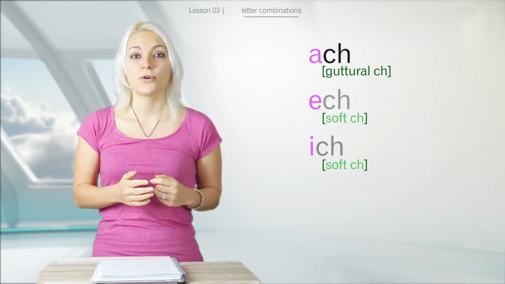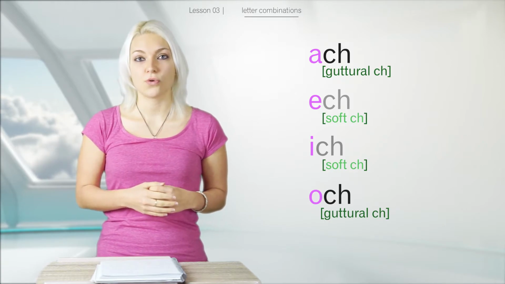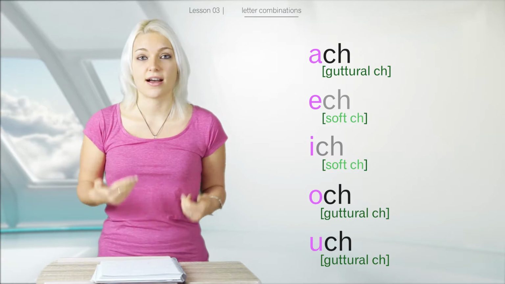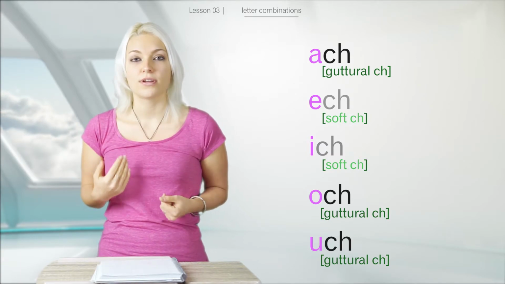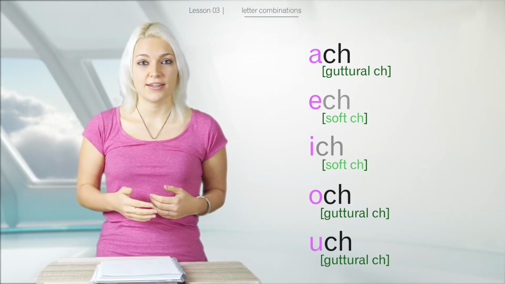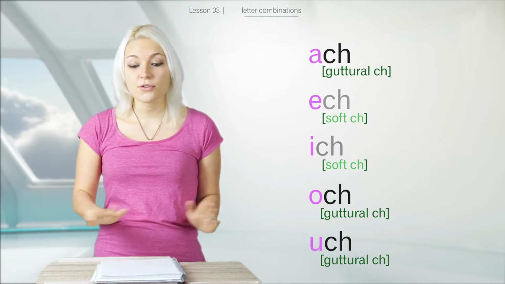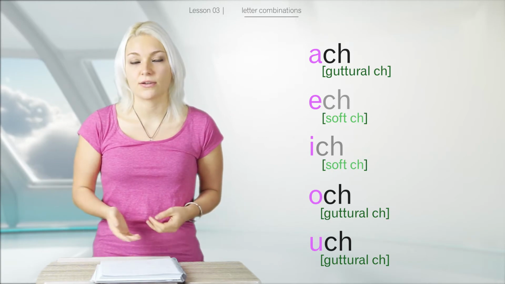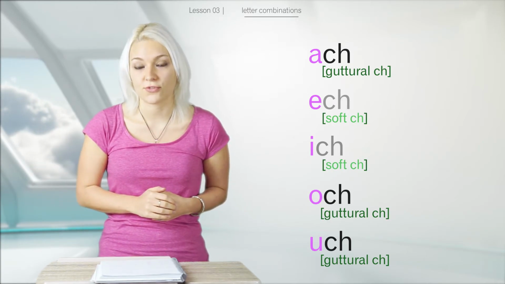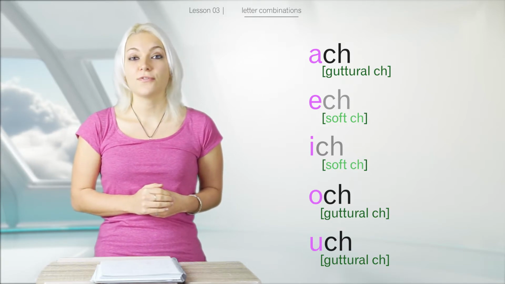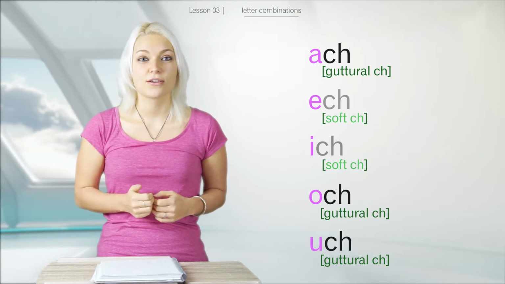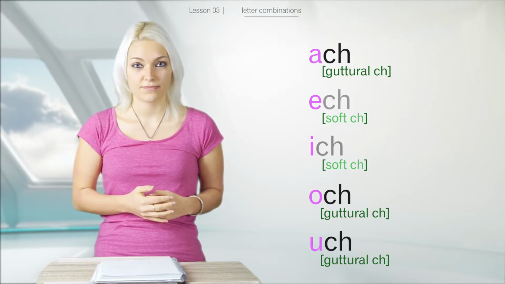Now we have O and U. After those two, the CH is again hard and guttural. So OCH, och, UCH, uch. These are not words, but they occur within many words, so it's important to know how to pronounce them correctly. So far we have ach, ech, ich, och, uch.